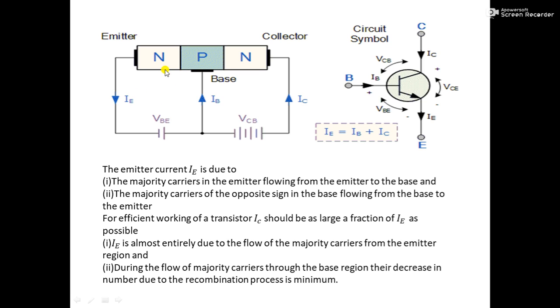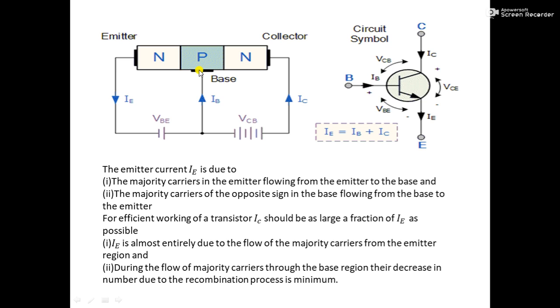When the electrons diffuse through the base, they take a small but finite time to flow through the base region and reach the depletion region of the collector base junction. During this time, a very small number of electrons recombine with an equal number of holes in the base. Since the base is very thin and lightly doped, this number is very small.